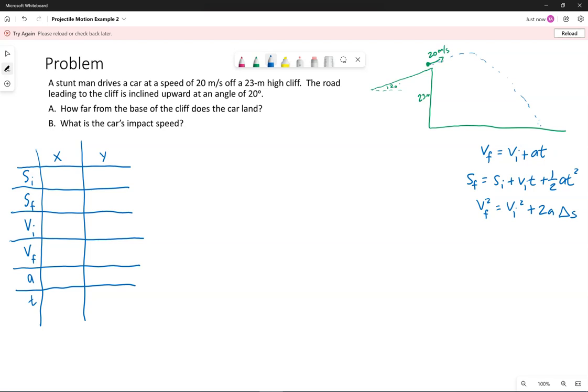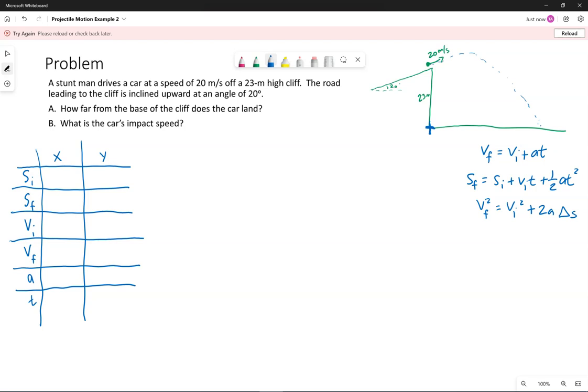Once we have our sketch, the approach is to fill in our table. So we do need to choose an origin. We can choose that origin to be wherever we want, but I like to put it at the bottom, mostly because then I don't have to worry about having a negative position, though there's nothing wrong with that, of course.